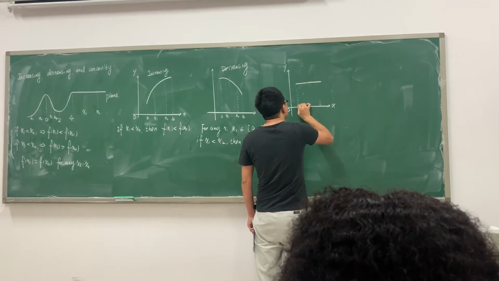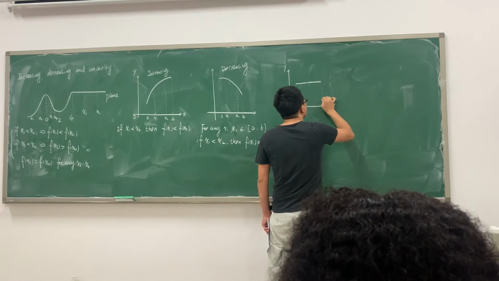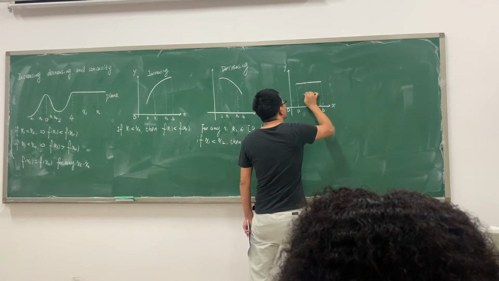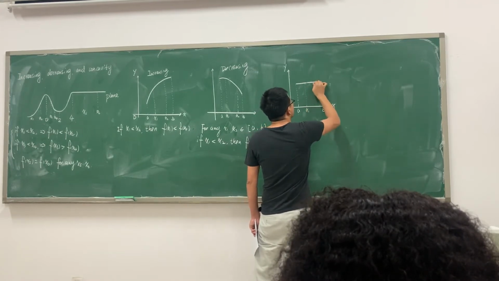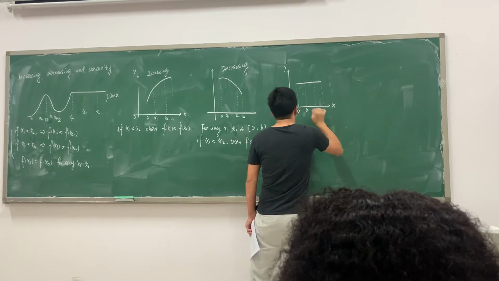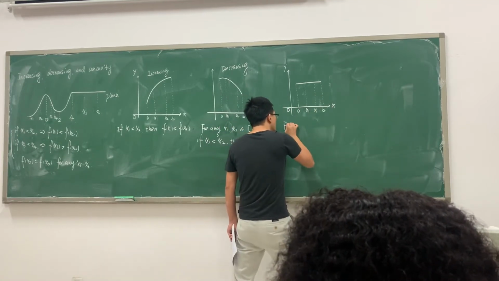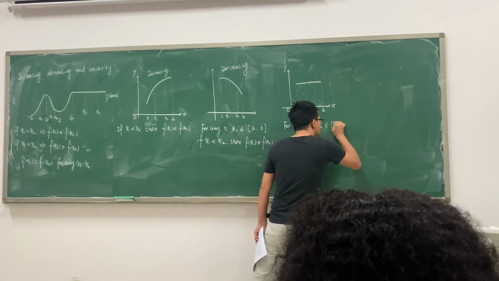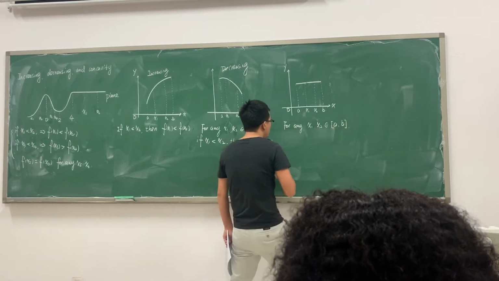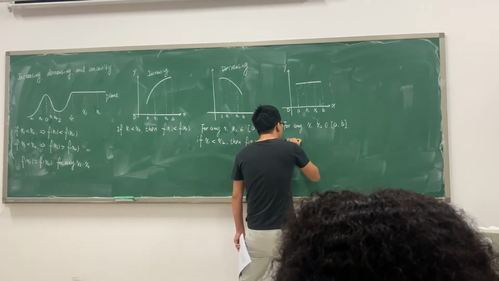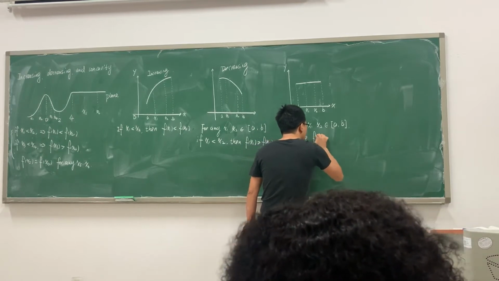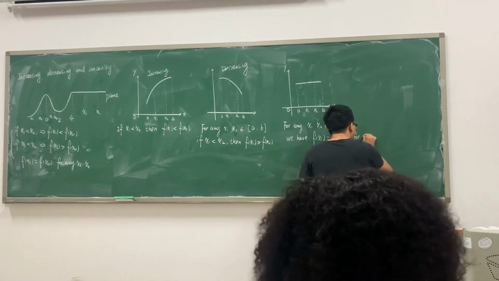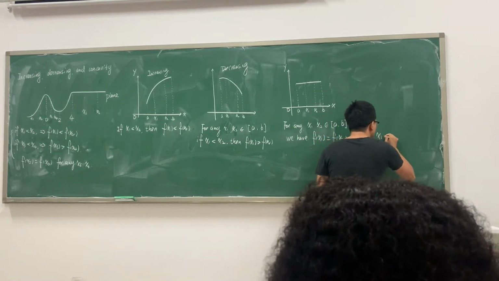So here actually the left is also A, here is B. Here we have x1, x2.